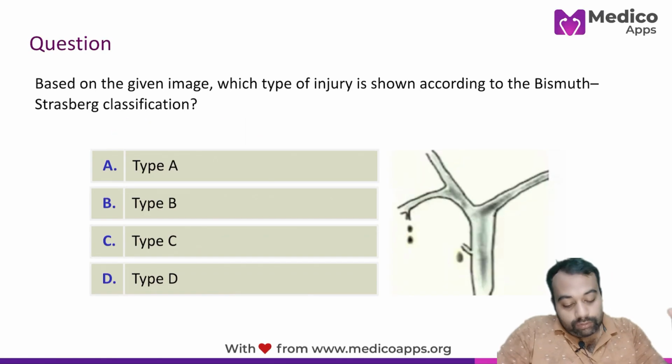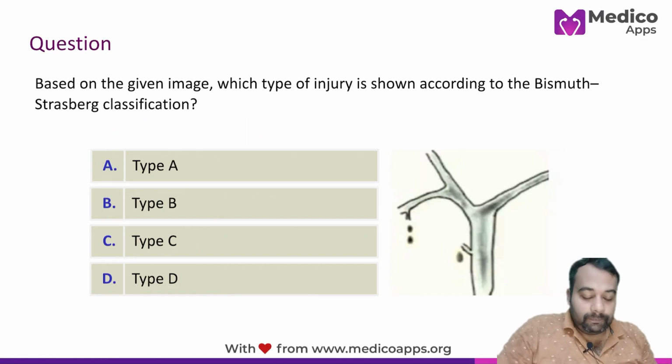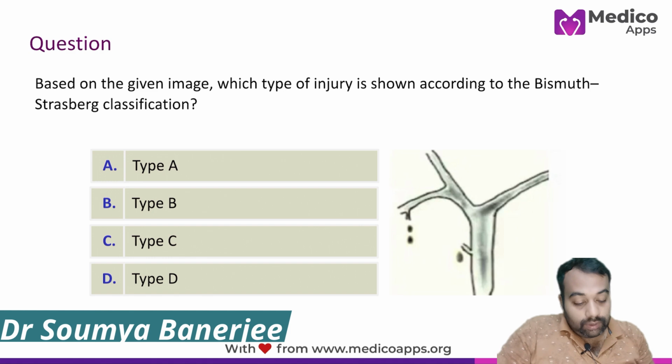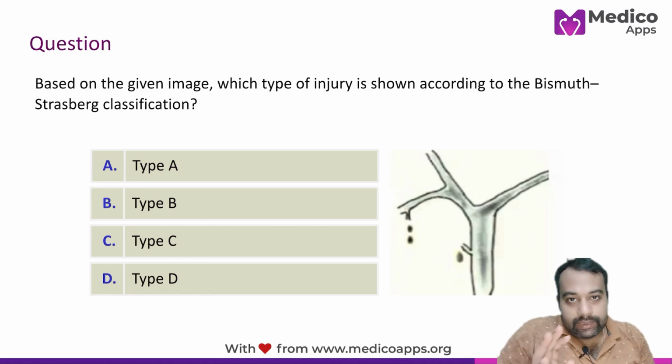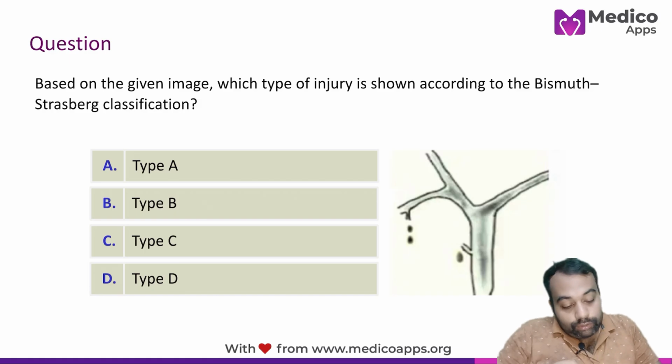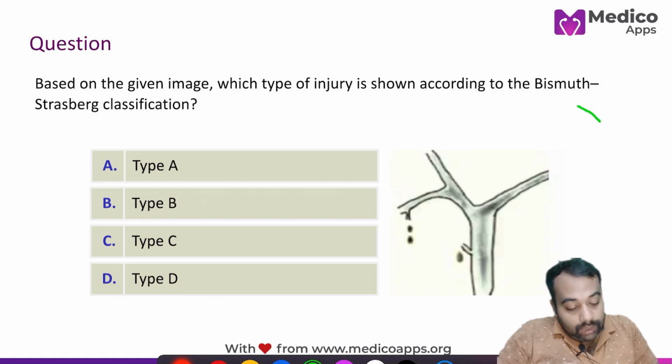Okay, so there is an image that has been given. Before going into this question, I would like to have a quick recapitulation of the hepatobiliary anatomy. Your right hepatic duct and left hepatic duct form the common hepatic duct, right?